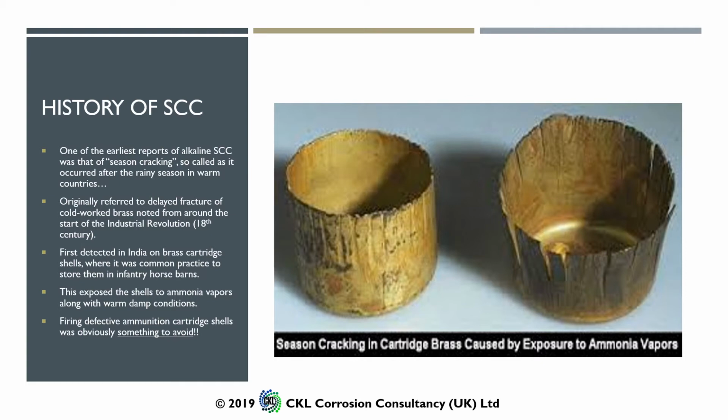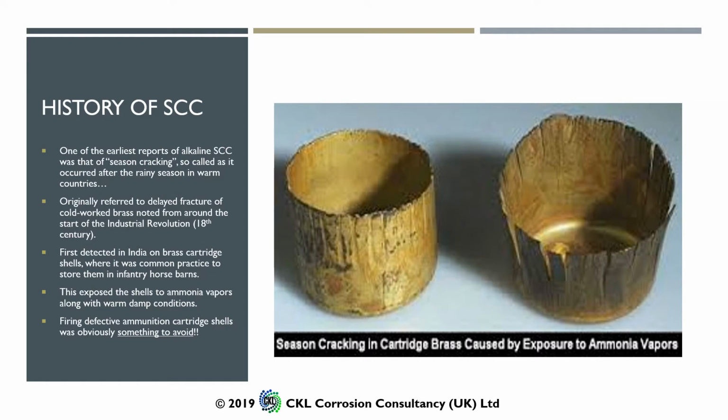These were military cartridge shells, and in those days they were kept in infantry horse barns. So you had a warm, humid environment, and you had a lot of horses that were being kept and maintained in these barns.